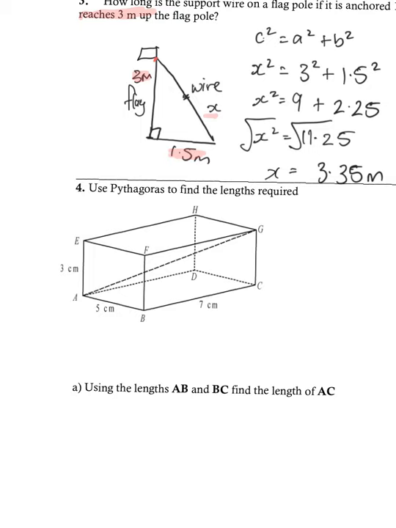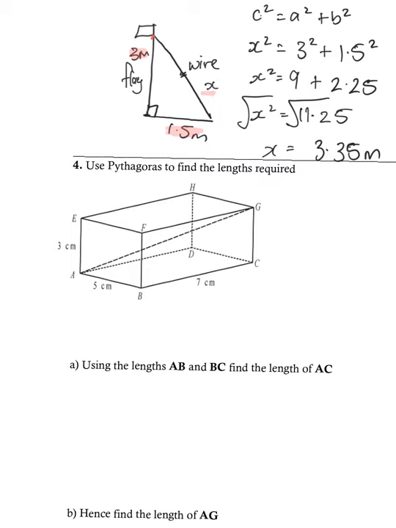All right, question 4. Use Pythagoras' theorem to find the lengths required. Okay, so we've got a rectangular prism there. All right, we've been given some lengths. We've got the 5 here, 7 and the 3, and we note that the units are centimeters.